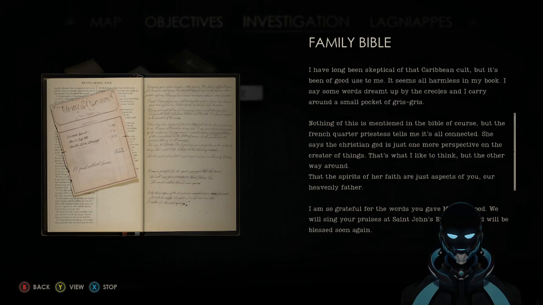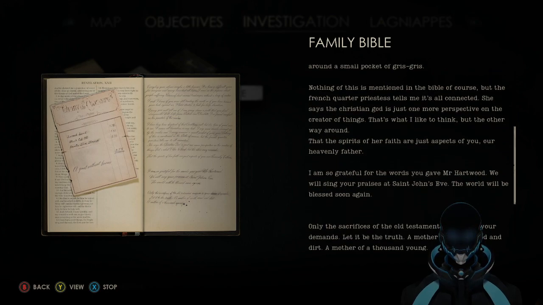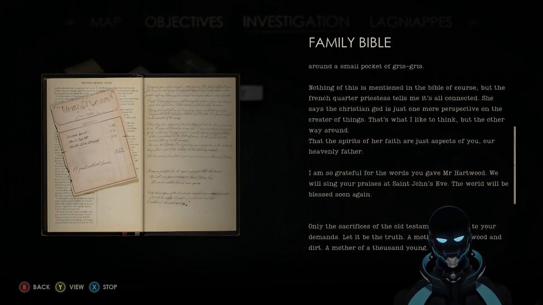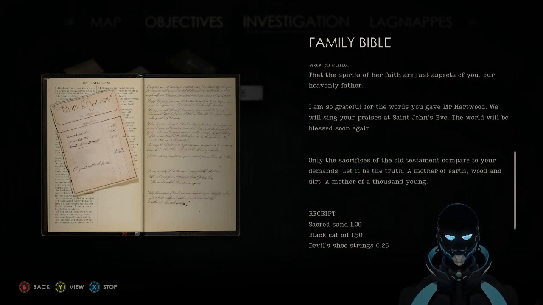Nothing of this is mentioned in the Bible, of course, but the French Quarter priestess tells me it's all connected. She says the Christian God is just one more perspective on the creator of things. That's what I like to think, but the other way around, that the spirits of her faith are just aspects of you, our Heavenly Father.